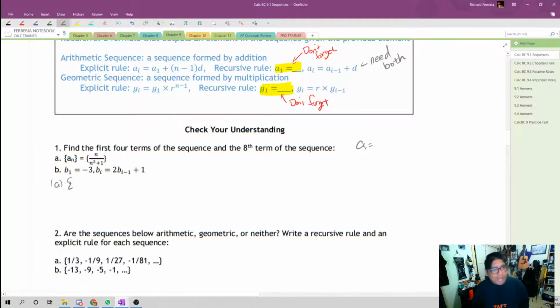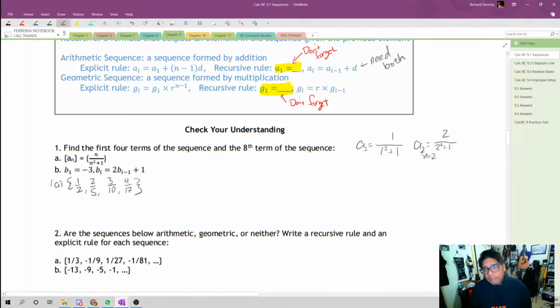Let's start off with A_1 just to demonstrate. A_1 is going to be n, which is the index number, so 1 over 1 squared plus 1. That is 1/2. Let's look at A_2. A_2 is going to be equal to, well, now n equals 2. So we have 2 over 2 squared plus 1. So that's 2/5.